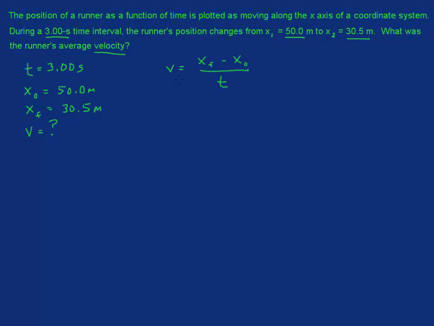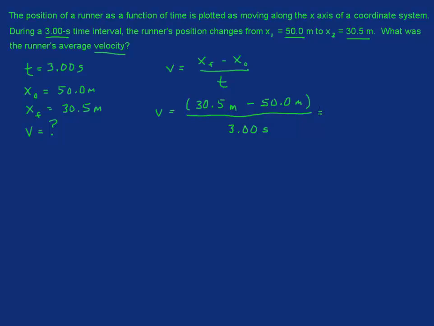And since it's already solved for velocity for me, all I have to do is plug the numbers in. My final position is 30.5 meters, and my initial position was 50 meters, all over my time of 3.00 seconds.